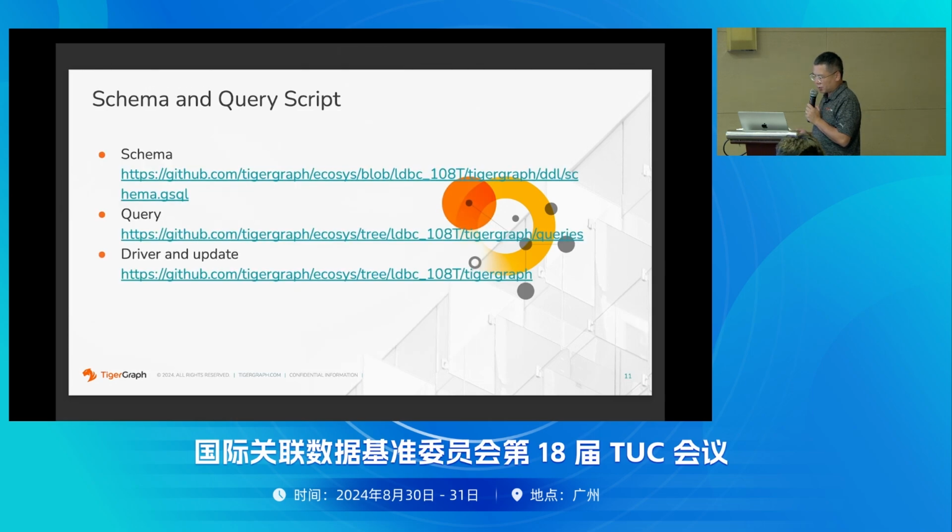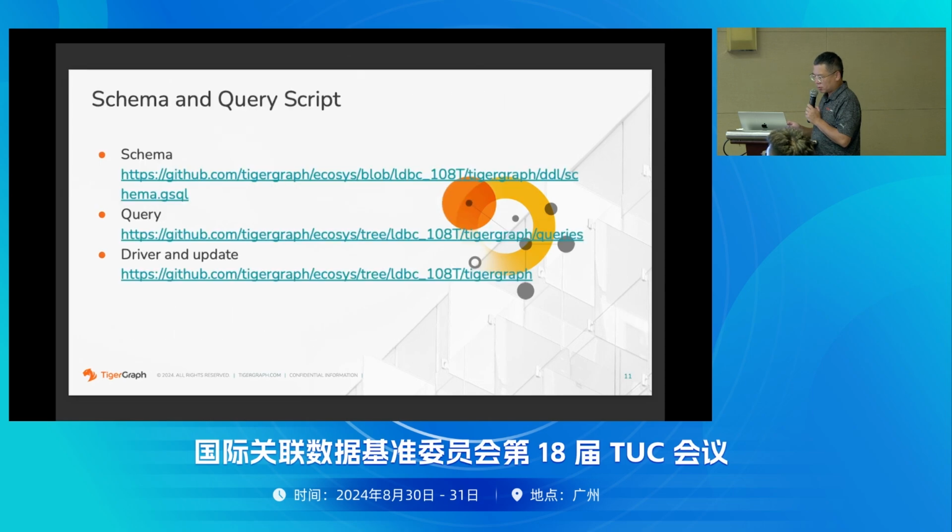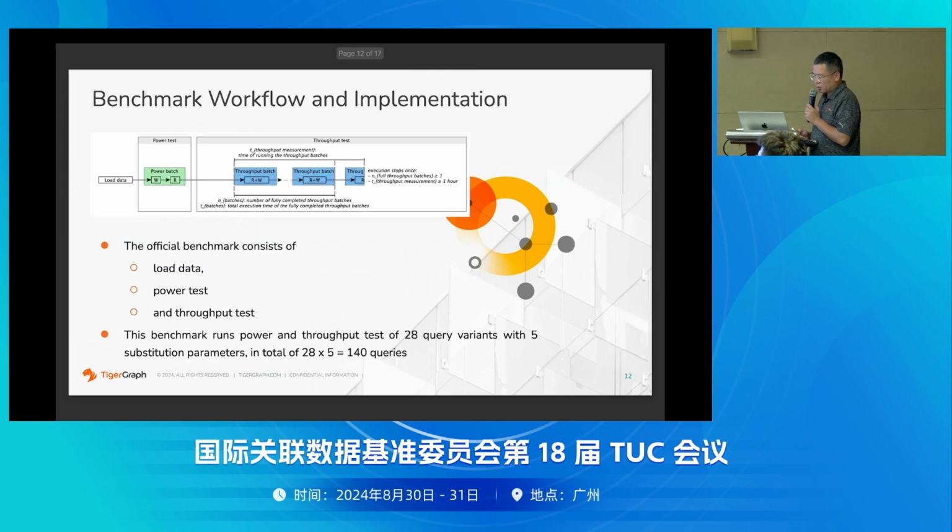And we put this in the GitHub for people to reproduce our benchmark results. The benchmark workflow and run follows the LDBC VLDB 2023 paper, and we follow exactly the same approach.